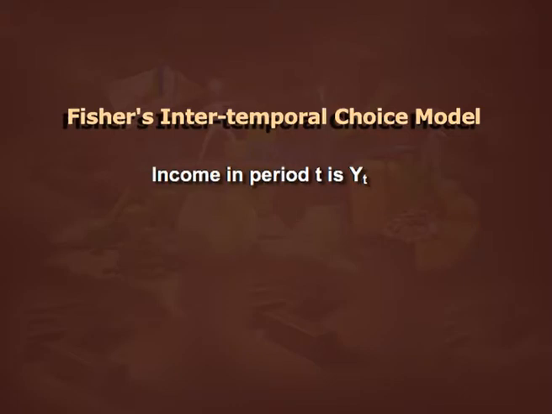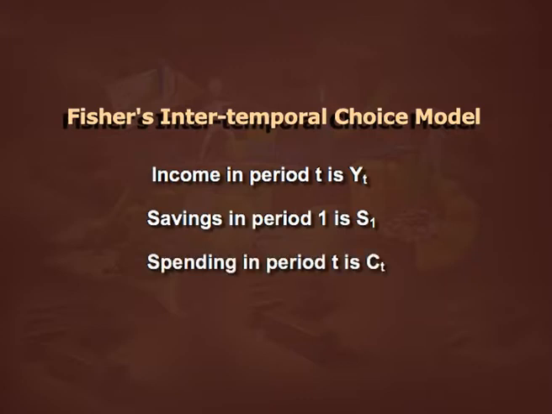Income in period t is yt, savings in period 1 is S1, spending in period t is Ct, and r is the interest rate. If the person is unable to borrow against the future income in the first period, then he is subject to a separate budget constraint in each period.